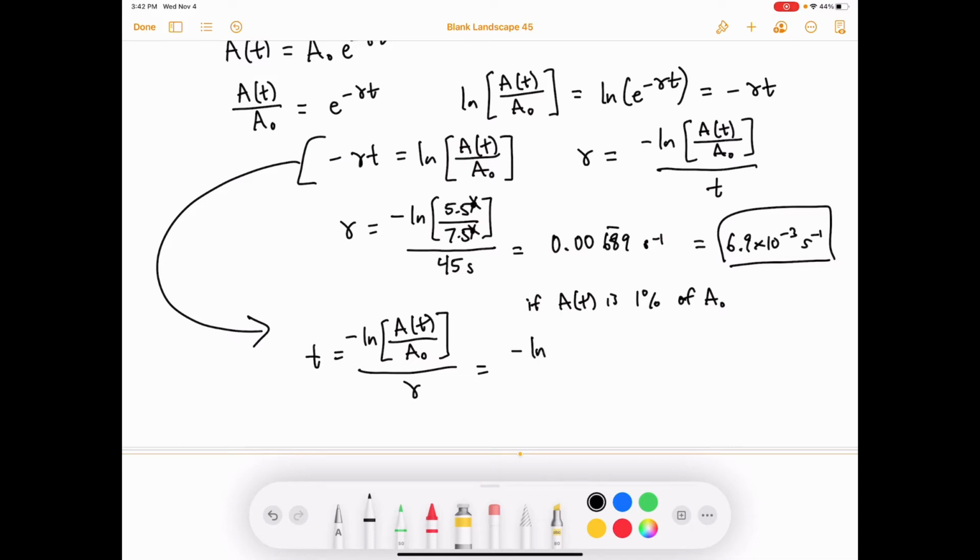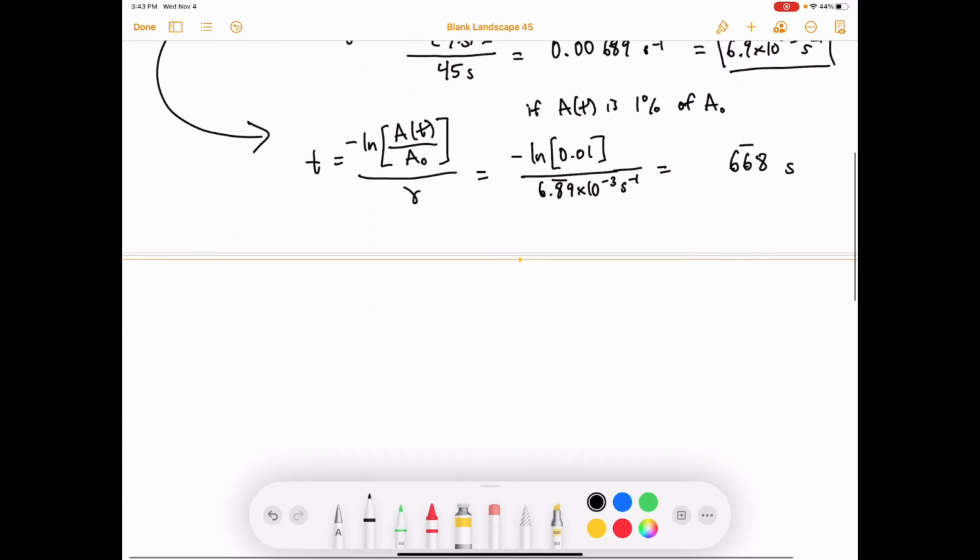So we have minus the natural log of 0.01 over gamma, which we just calculated was 6.89 times 10 to the minus 3 inverse seconds. And because we have inverse seconds on the bottom, we just get seconds as a result of this. 668 seconds is what you'll get. So it takes 668 seconds for the amplitude to reach 1% of its initial value.